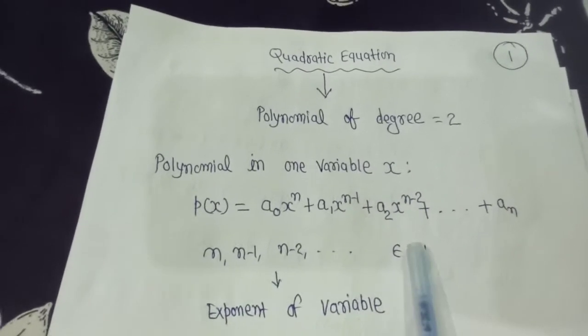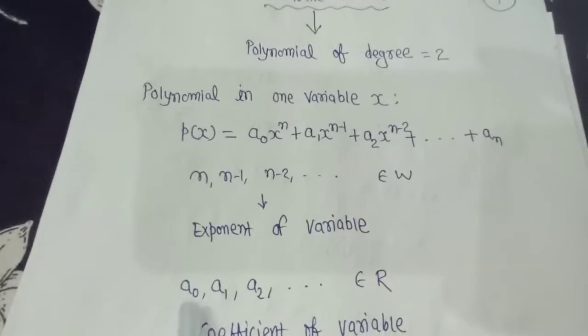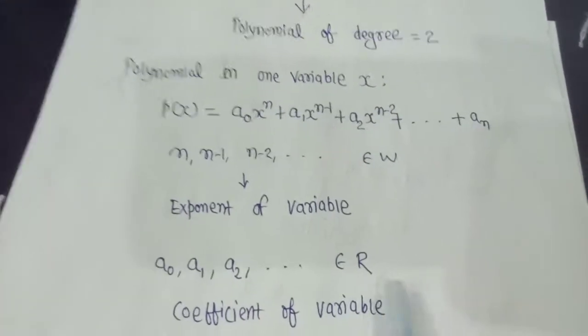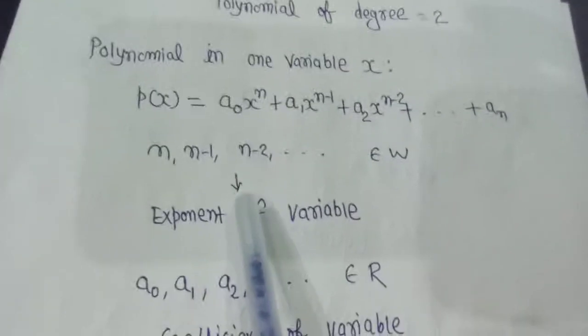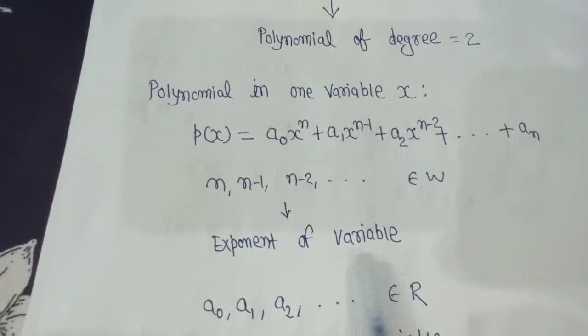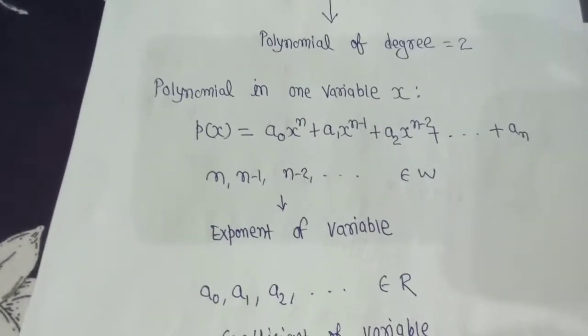Remember, they must be whole numbers, and a0, a1, a2 must be real numbers, so they are called coefficients of the variable.